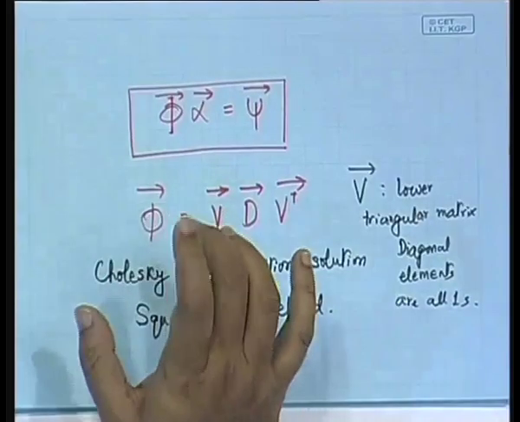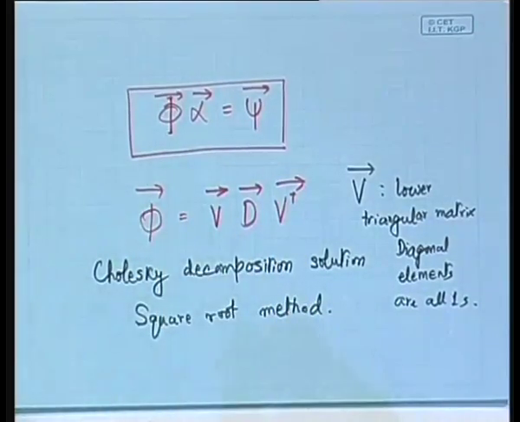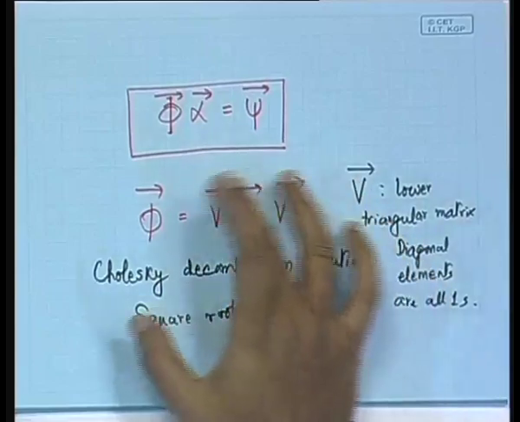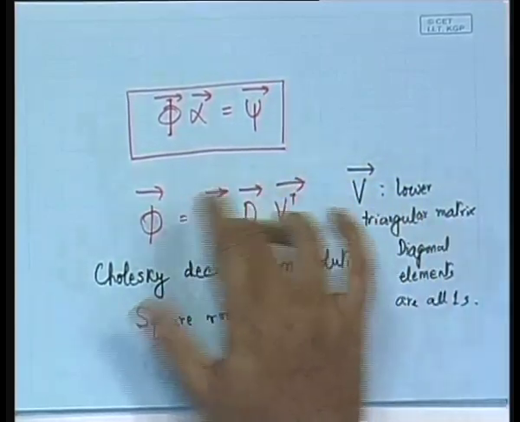To solve for the V matrix and D matrix elements, the approach that we will be taking is that we will equate the ijth element of this phi matrix with the ijth element of this product matrix.